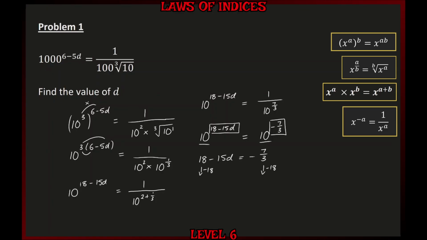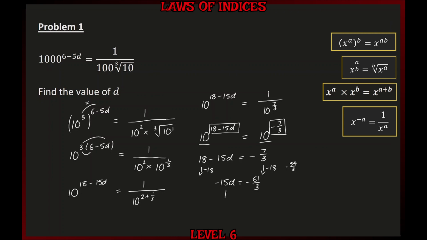And so we have minus 15d is equal to minus 7 over 3 minus 18. And minus 18 can be rewritten as minus 54 over 3. And minus 7 over 3 minus 54 over 3 becomes minus 61 over 3.